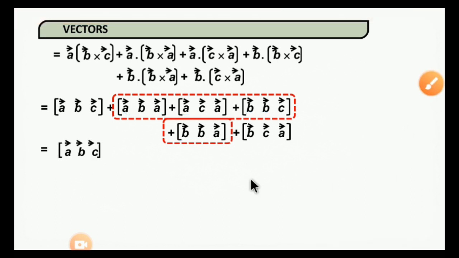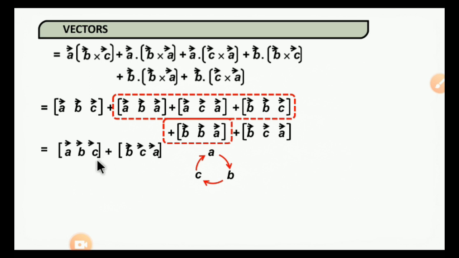we will be having the box product ABC plus the remaining one, BCA. So already I have told you in the properties, ABC is also equal to BCA, because both are in the cyclic order. See here, this is the cyclic order, A, next B and next C, again next A, means these are in the cyclic order.